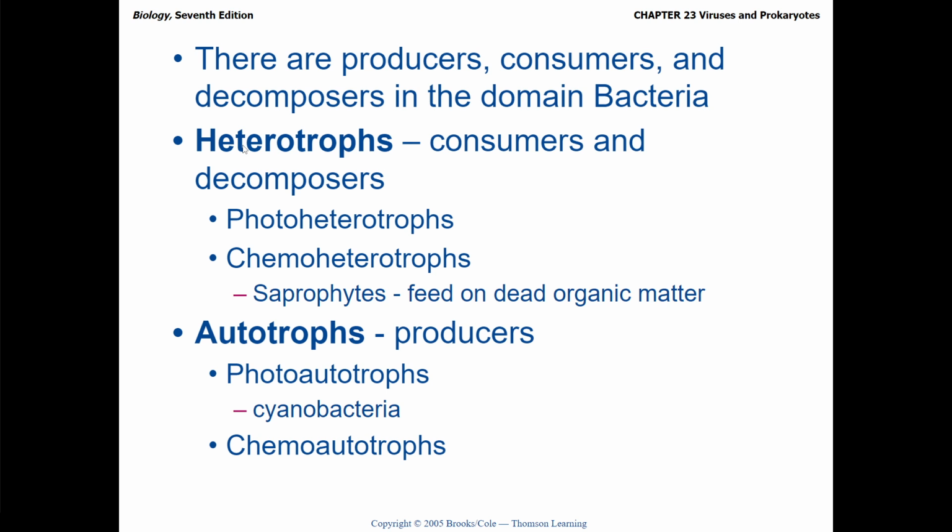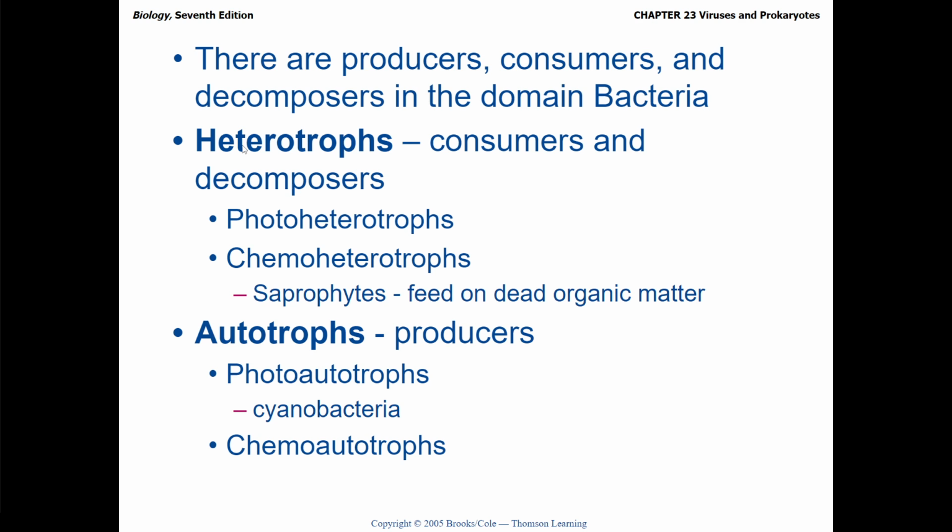A heterotroph is something that consumes another organism in order to gain nutrients. So that includes things like consumers and decomposers. Some heterotrophs are photoheterotrophs, meaning that what they consume is primarily what they make themselves via sunlight, but they can also eat other organisms.